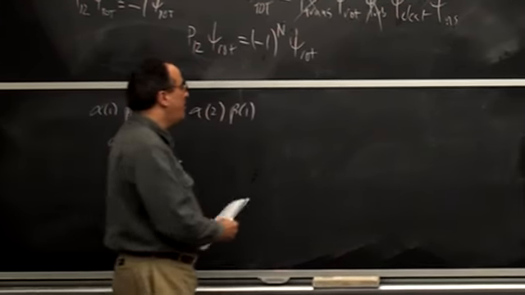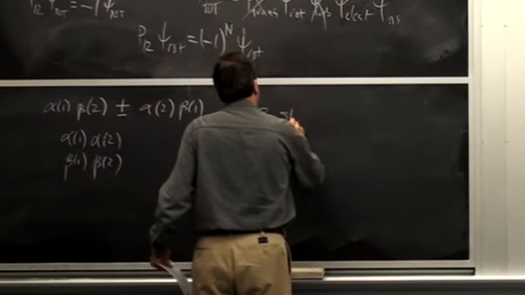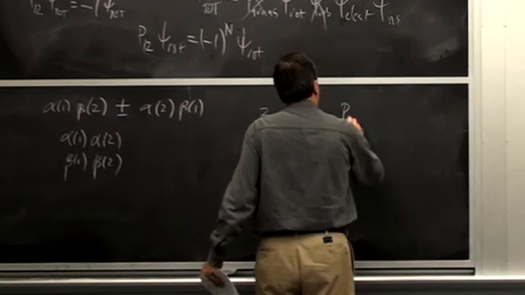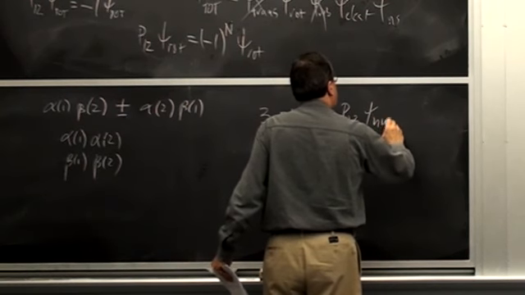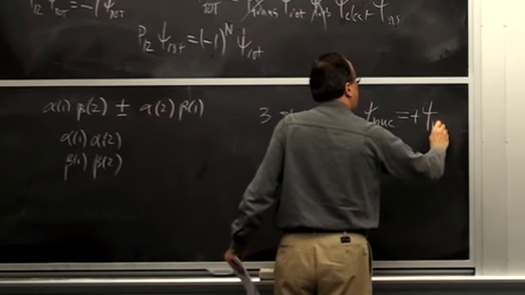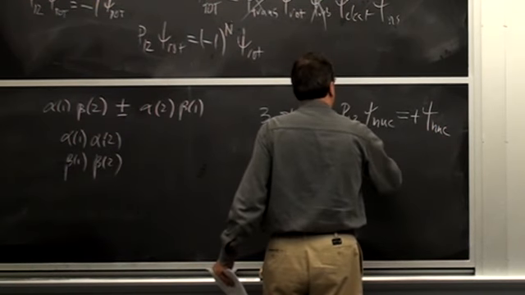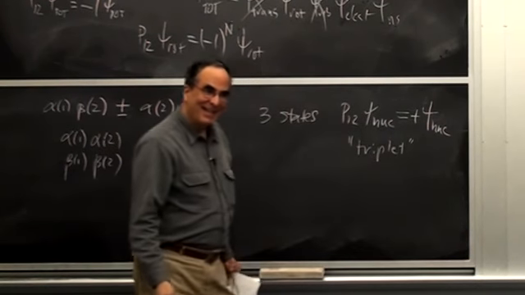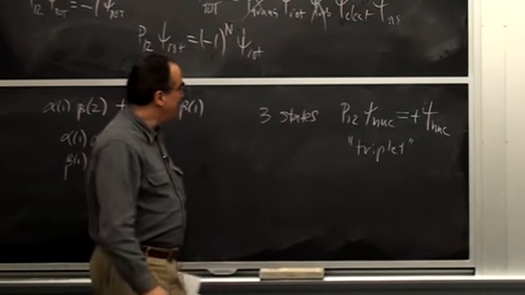Permutation on the negative sign, negative. So what we have is 3 states where P12 psi nuclear is plus psi nuclear. And those are called triplet. Believe it or not, nuclear spin triplets.